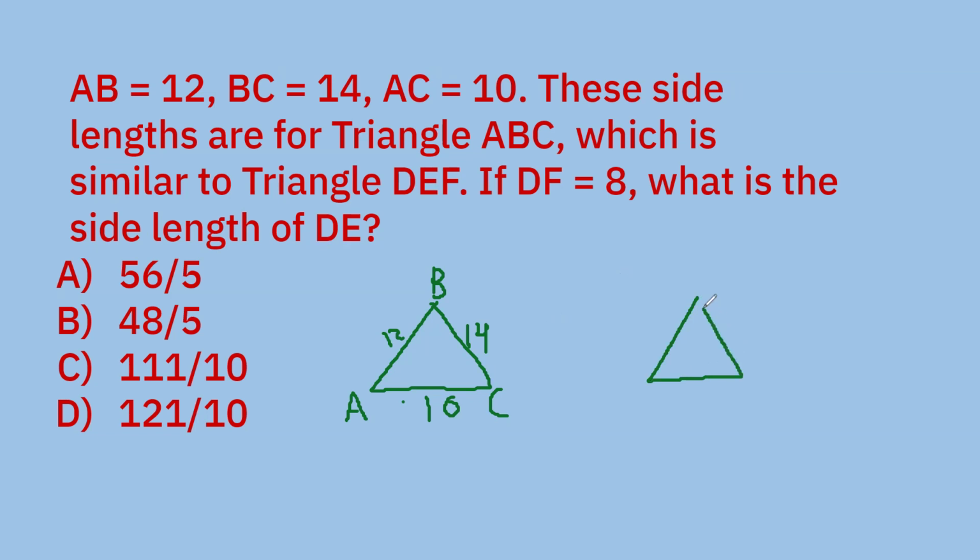And now here the order of the letters matters. It goes A first, D first. So D has to go where A goes. B second, E second. So E has to go where B goes. And C third, F third. So F has to go where C goes. You just have to remember that. That's not too hard. It's pretty intuitive, but if you don't know it, now you know it.